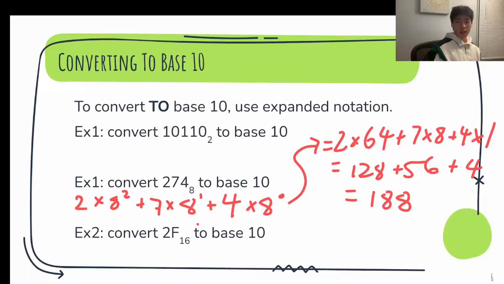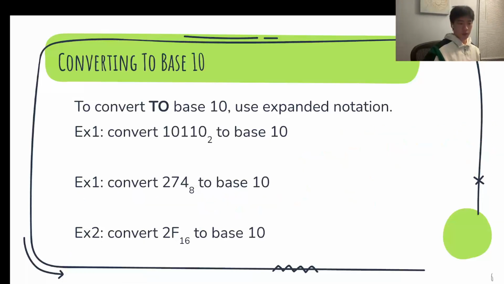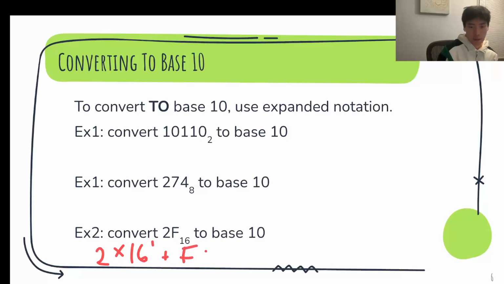So next, let us do hexadecimal. So 2f in expanded notation is equal to 2 times 16 to the power of 1 plus f times 16 to the power of 0. Hold on. What is f?